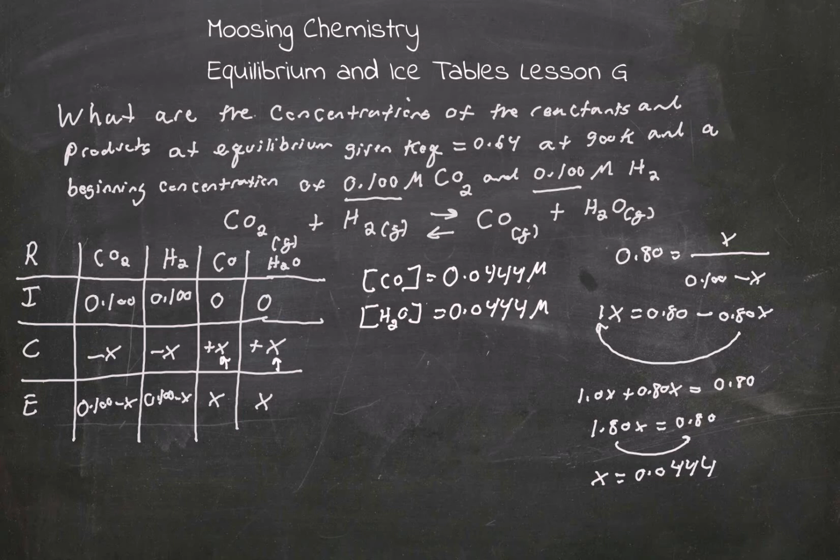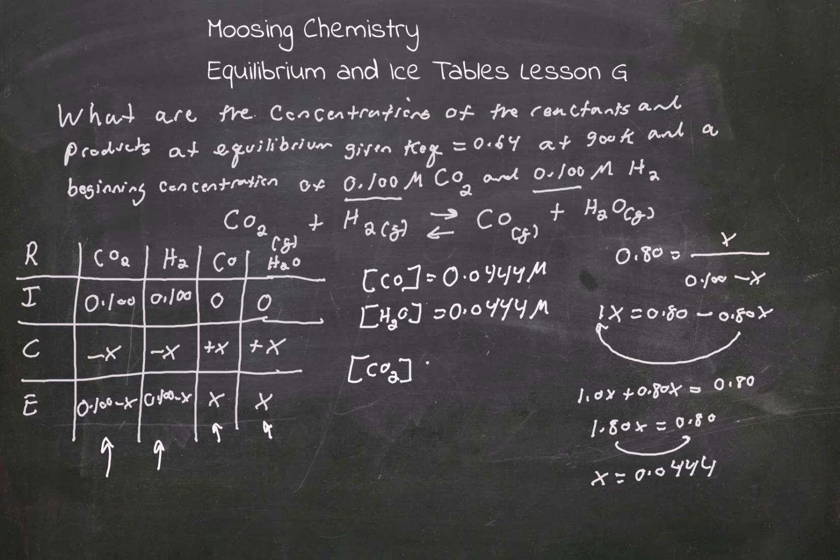Now let me go ahead and erase these X's. I meant to be talking about these X's here. Doesn't matter, X is X, right? So now we want to do this X and this X. CO2, let's do CO2 first.